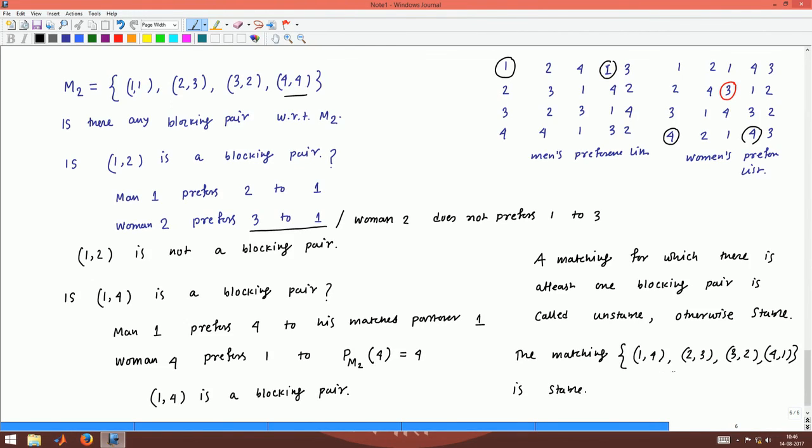It is probably easy to check that this matching that I wrote at the end is a stable matching, because you can try to find a blocking pair with respect to this matching, and you will not be able to find one.